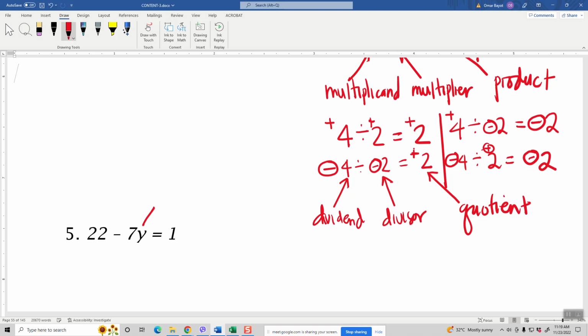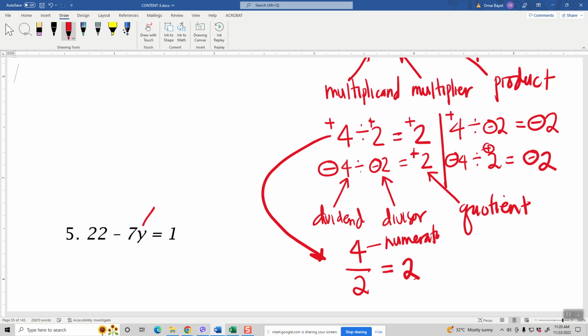Okay? Now, for this one, 4 divided by 2, you can also interpret it like this: 4 divided by 2 equals 2. Am I right? It follows that 4 is also your numerator. Your 2 here is your denominator.